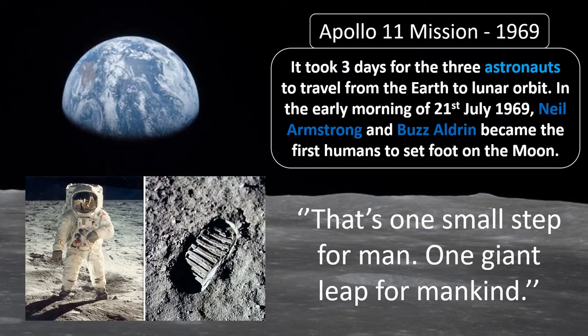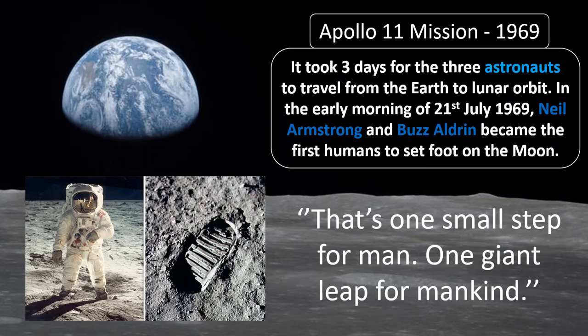These are the famous words from the Apollo 11 mission, which took place in 1969. It took 3 days for the 3 astronauts to travel from the Earth to lunar orbit. In the early morning of 21st of July 1969, Neil Armstrong and Buzz Aldrin became the first humans to set foot on the moon.